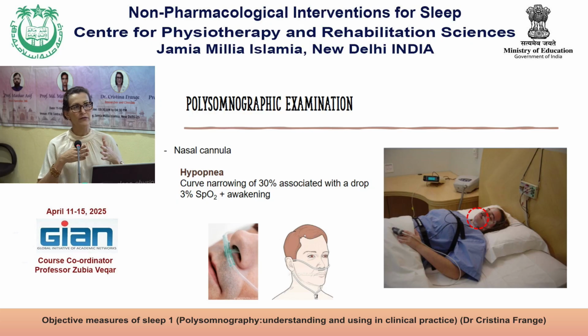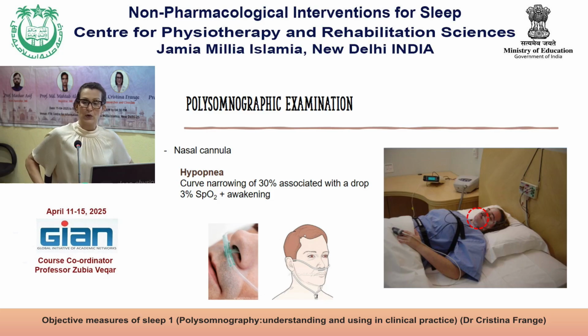So hypopnea is a form of apnea where we have a reduced flow. Here with the nasal cannula, we have this curve narrowing of 30% that must be associated with a drop in saturation of 3, and sometimes they say 4%, or an awakening.